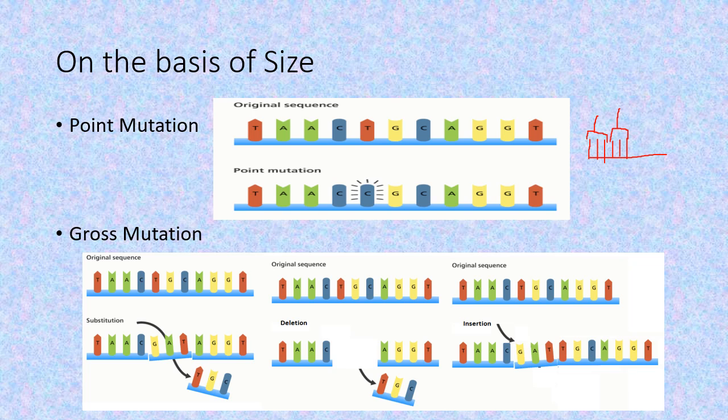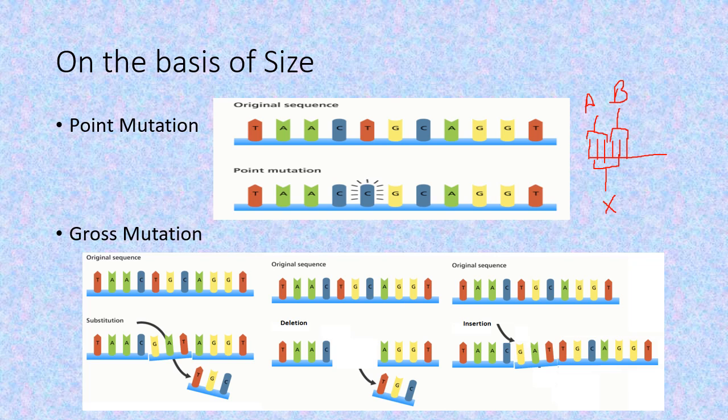Reading frame means which is the first nucleotide of the triplet, because another reading frame may be this. So this will be another type of nucleotide. Depending upon which three consecutive nucleotides are being considered at the time of translation, these are the reading frames.